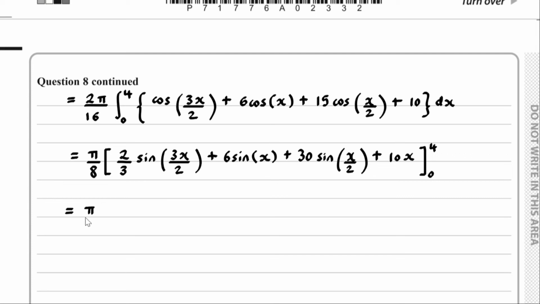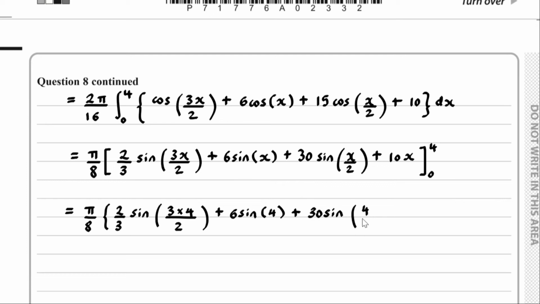So I've got pi over 8 multiplied by 2 over 3 times the sine of 3 times 4 over 2, plus 6 times the sine of 4, plus 30 times the sine of 4 upon 2, plus 10 times 4.